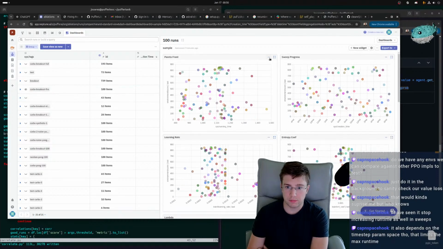Okay, we're still good. I had the plots misconfigured so that it was showing the max score instead of the last score. But we still have carbs here solving the environment. So we can solve the environment.